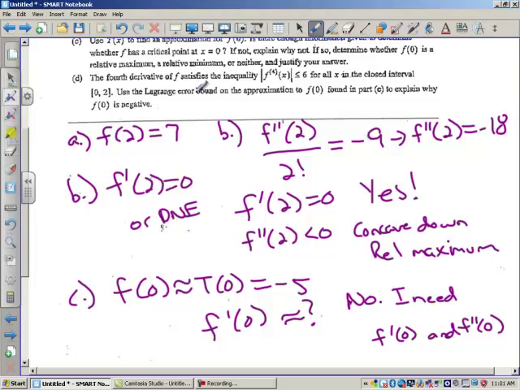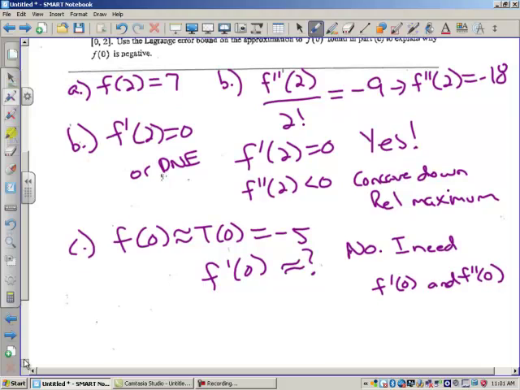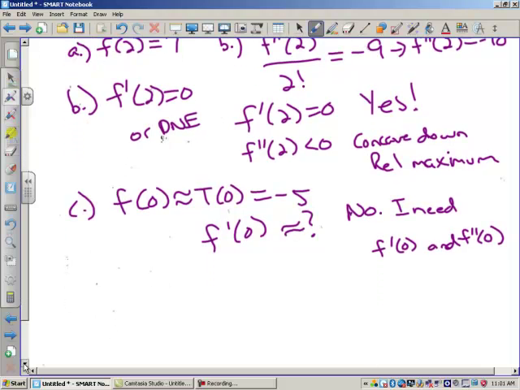All right, D. The fourth derivative of f satisfies the inequality such that the absolute value of the fourth derivative is always less than or equal to 6 on the closed interval from 0 to 2. Use the Lagrange error bound on the approximation of f of 0 found in part C to explain why f of 0 is negative. Well, just because I can't find f exactly, I can do an error bound here.